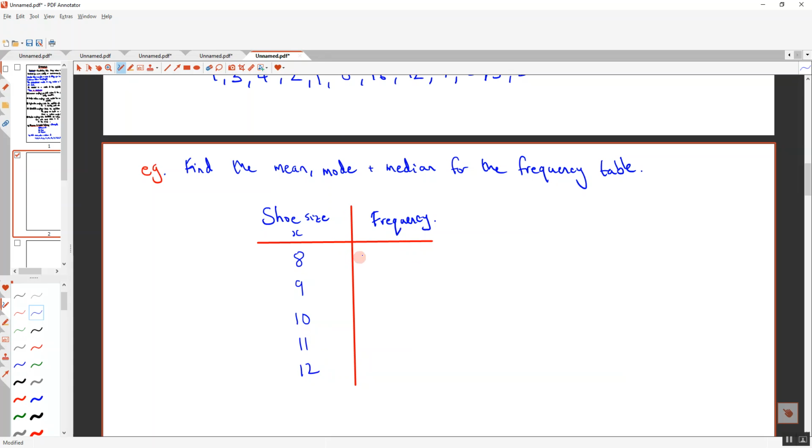Yeah, how many people, right, good. So we're saying there's 8 people with a shoe size of 8. There's 6 with a shoe size of 9. 9 with a shoe size of 10. 7 with a shoe size of 11. 7 with a shoe size of 12.